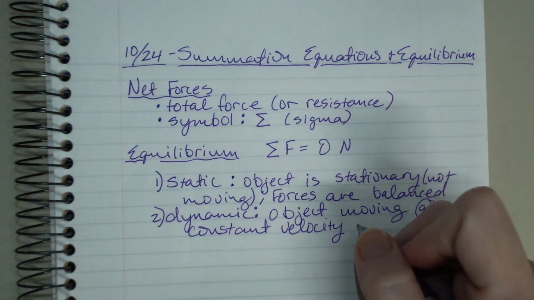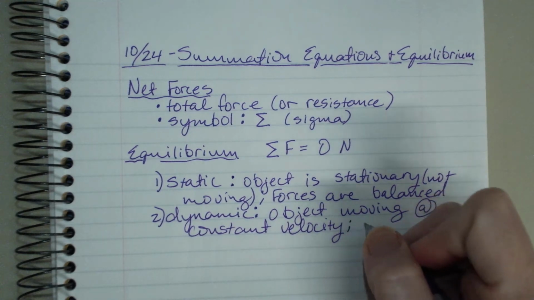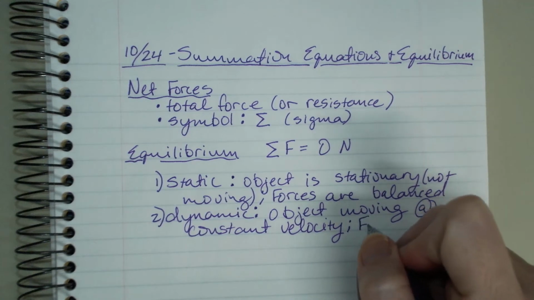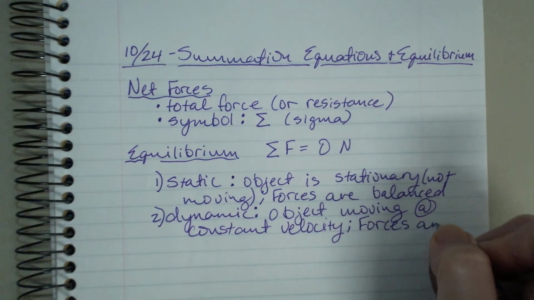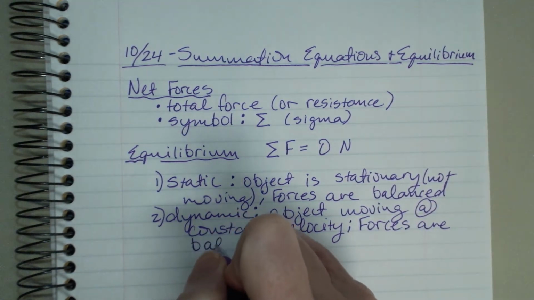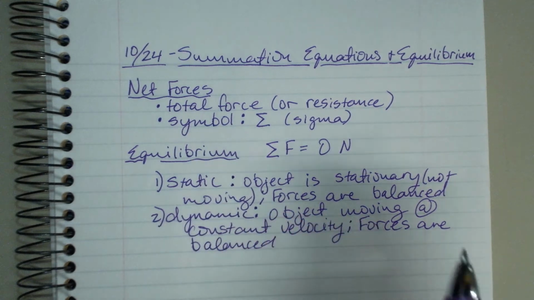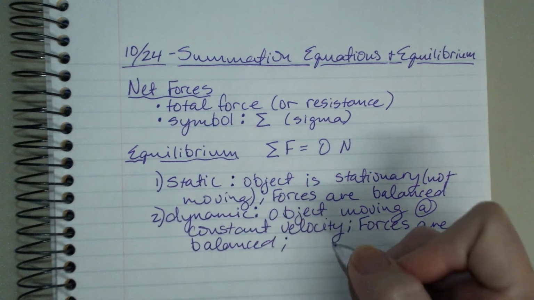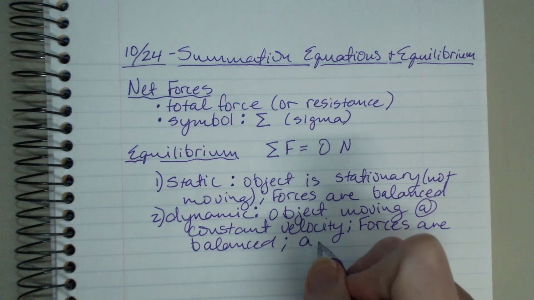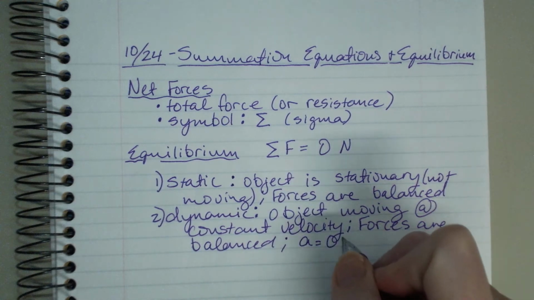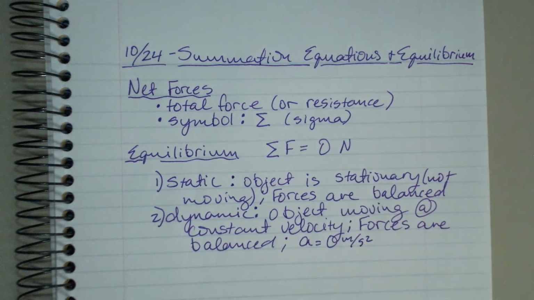So this means forces are balanced. And I'm just going to put on here something for later: a equals 0 meters per second squared. So it's not accelerating. Constant velocity means it's not accelerating. Okay?